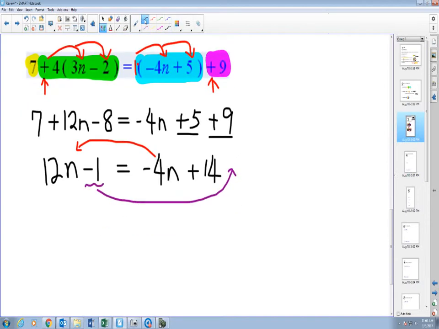What I'd like students to do is move terms and combine in their head. This negative 4n coming over becomes positive 4n, plus the 12n makes 16n. Set equal to negative 1 brought over, positive 1. 14 plus 1 is 15. So my answer, divide both sides by the coefficient 16: 15 over 16.